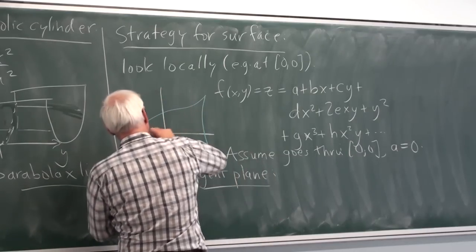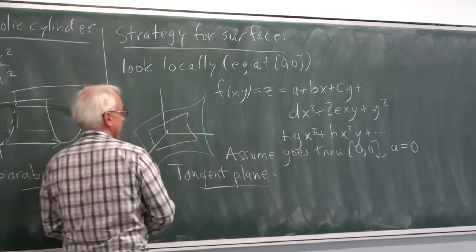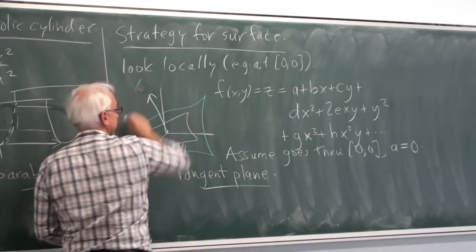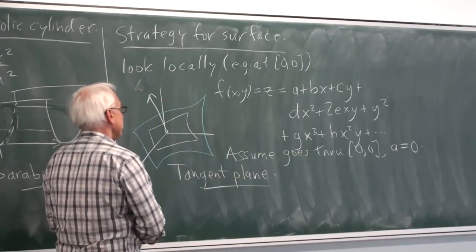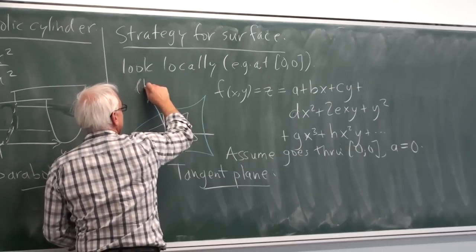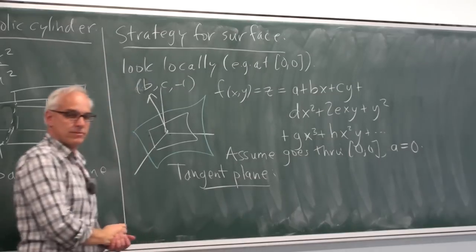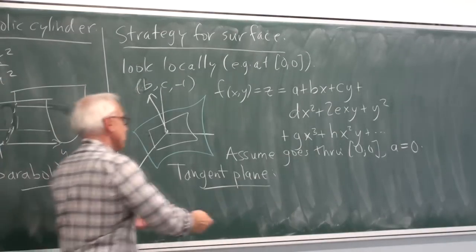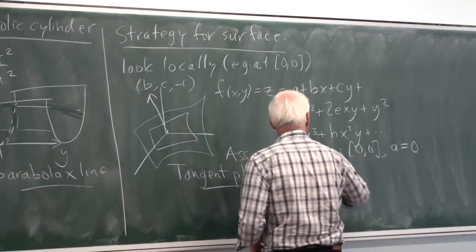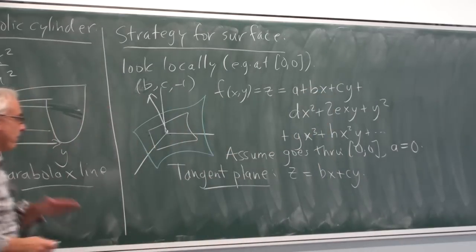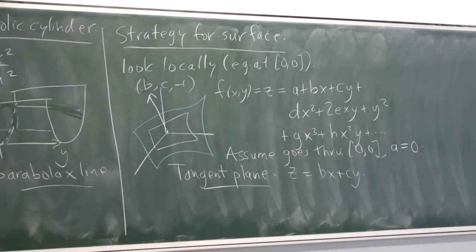Which of course then is just this plane which is normal to the vector, well, actually, the way I've written it, (b, c, -1). Okay, but the tangent plane will be essentially z equals bx plus cy. That's the first order approximation to the surface.